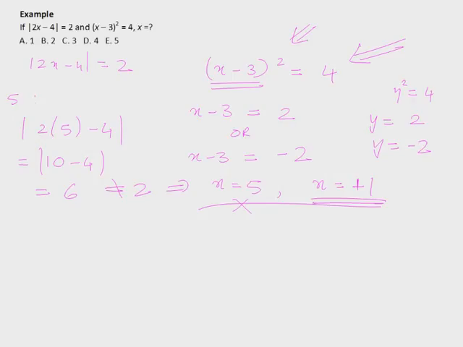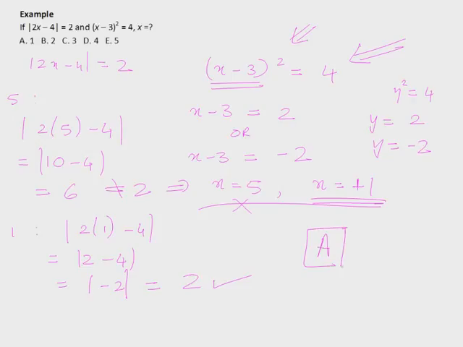So I'll plug in 1. 2 into 1 minus 4, which is 2 minus 4. Absolute value of minus 2 is 2. That works. The right hand side is 2. So plugging in 1 worked. So the solution is 1.